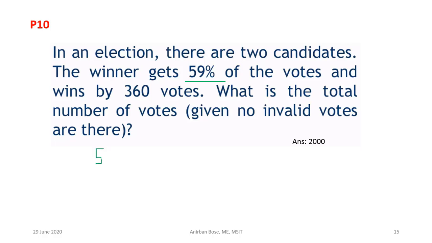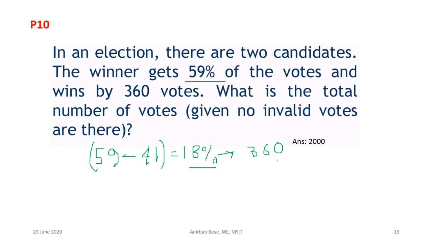So what is the difference? The percentage difference of the winner over the loser is 59 minus 41. What is this value? That is 18%. So 18% of votes corresponds to these 360 votes, because the winner got 360 votes more than the loser. In terms of percentage, it is 18%.